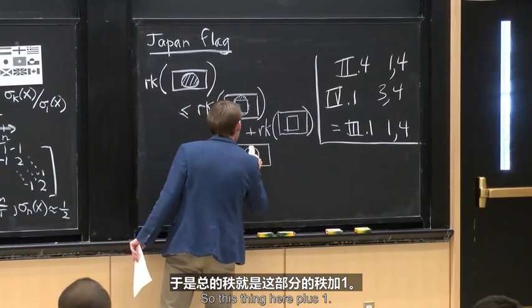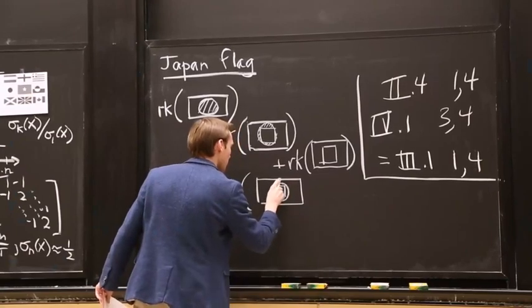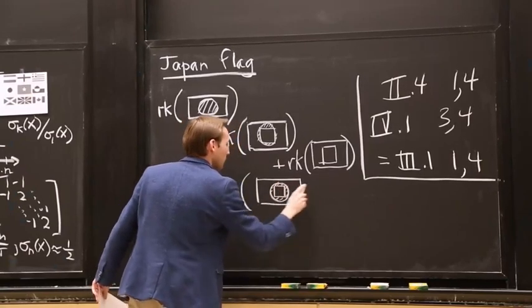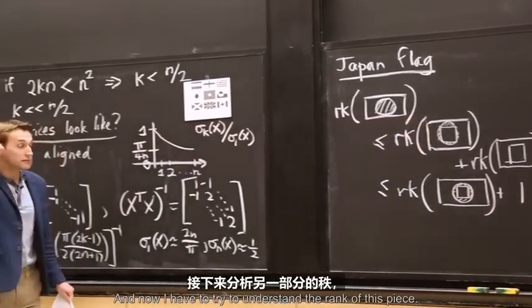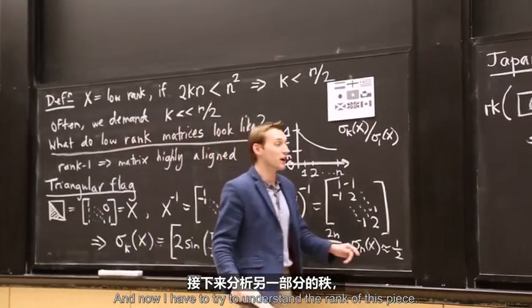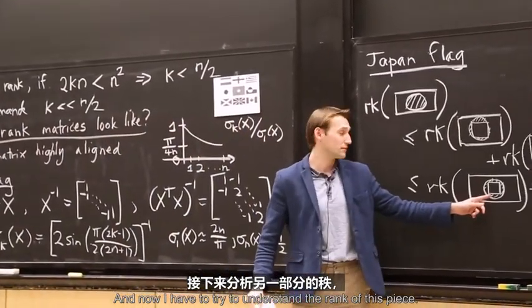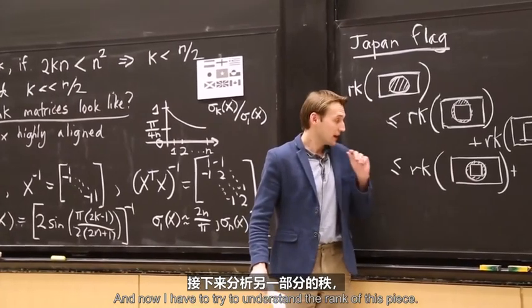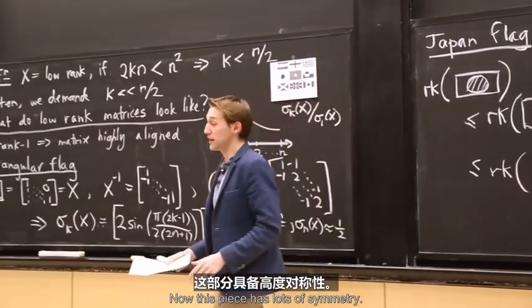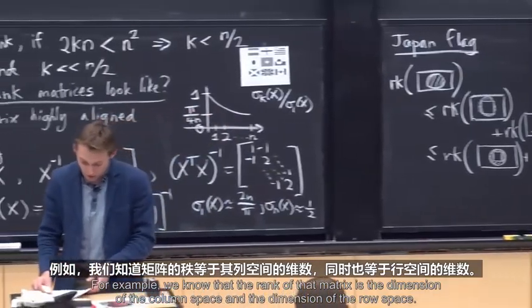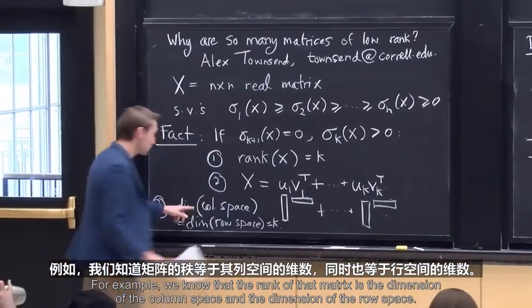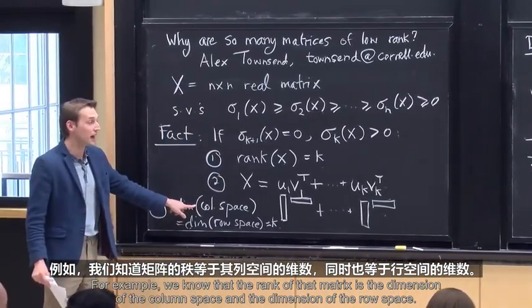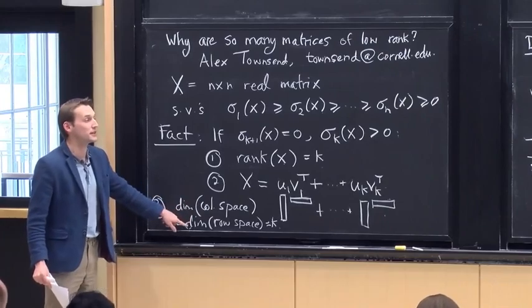So this thing here plus 1. And now I have to try to understand the rank of this piece. Now, this piece has lots of symmetry. For example, we know that the rank of that matrix is the dimension of the column space and the dimension of the row space.